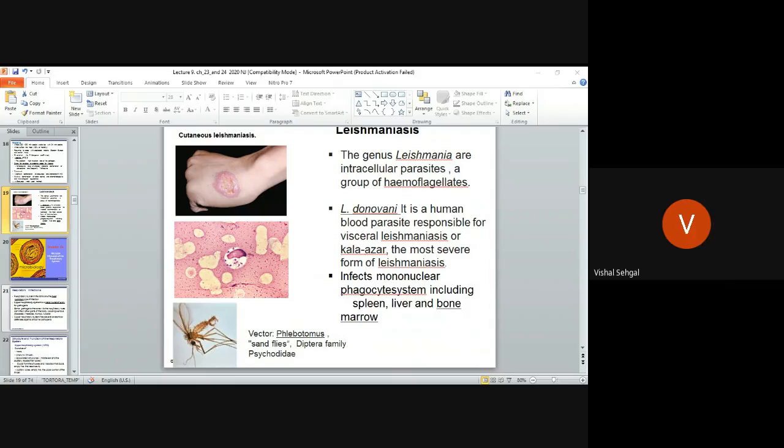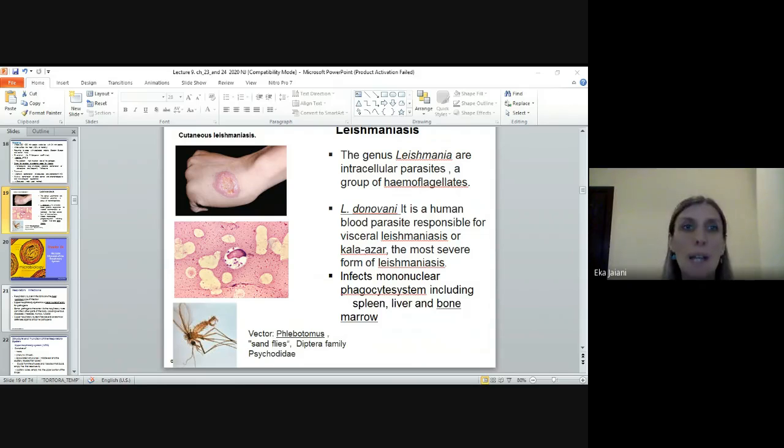I will not go into much detail about vaccines, there will be more general questions. As we have such a huge amount of material, I will try to make questions as simple as possible.